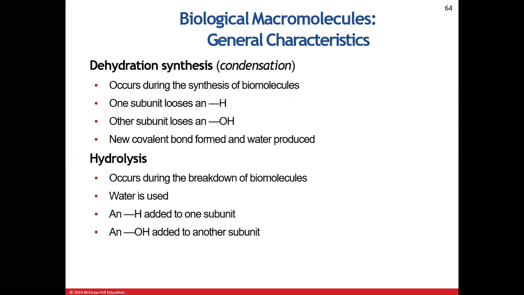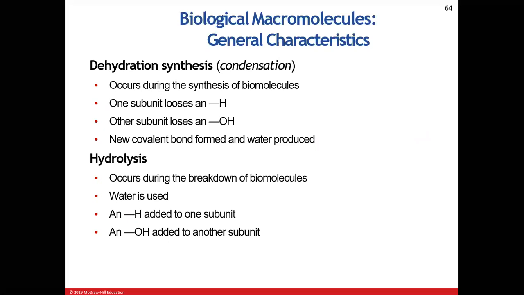As we look at all these macromolecules and some of their characteristics, we have to understand how we form them, but also how we break them down. That leads us into two reactions that we're going to discuss. The first is dehydration synthesis, which we also consider a condensation reaction. A dehydration synthesis occurs during the synthesis of biomolecules.